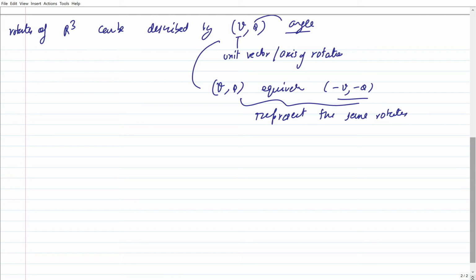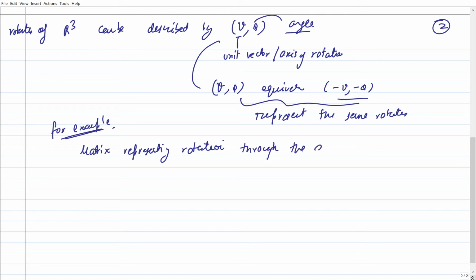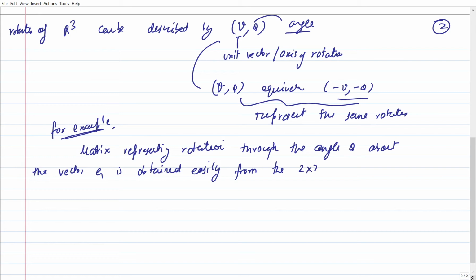And in general, it is easy to see that the matrix representing a rotation through the angle theta about the vector E1 is obtained easily from the 2 by 2 rotation matrix.